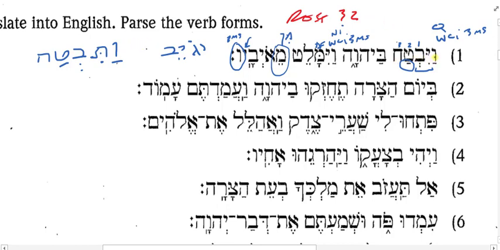Vayivtach becomes what? What do I add at the end for they? A shureq, right? This is the prefix conjugation. So it's yod prefix and shureq on the backside. So vayivtechu. I can't keep the full vowel because it will reduce to vocal sheva when I add the shureq. Vayivtechu. They trusted.